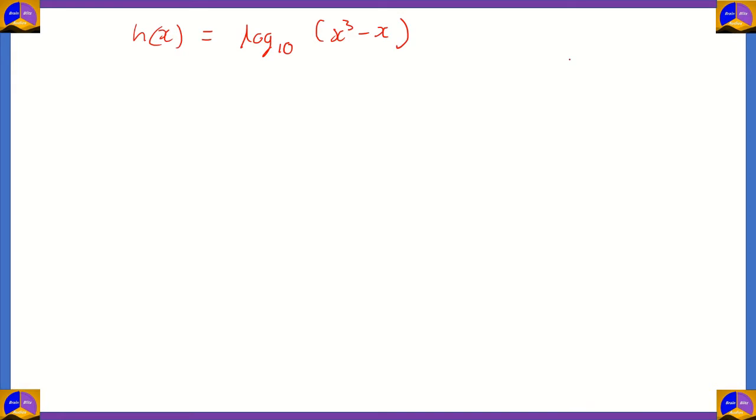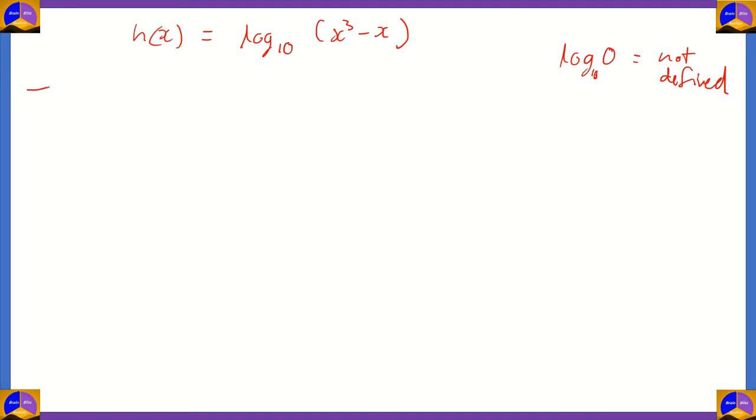Now, when you're studying logarithm, one of the important quantities that you will know is the value of log 0. So log to the base 10 of 0 is actually not defined. So therefore, if x cubed minus x ever becomes 0 or negative, its value will not be defined, so it will not have a proper domain.